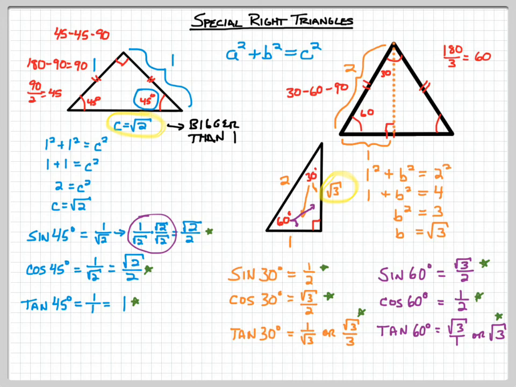And similarly, if you look at the square root of 3, which is, I think, 1.73, and again, another irrational number that goes on forever, that's between 1 and 2. So that's not going to be the biggest value of our 30, 60, 90 triangle. So 2 will be the hypotenuse.